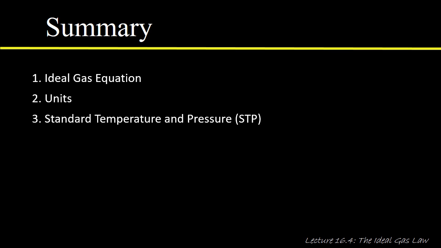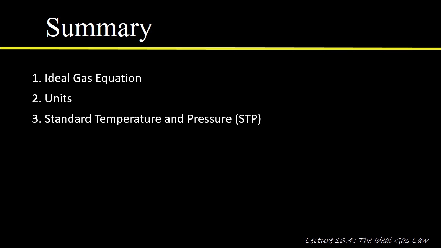All right, so we've looked at the ideal gas equation. In looking at the ideal gas equation, we were specifically careful to look at our units, make sure we have everything in the right units, and use unit conversions when we need to. We talked a little bit about standard temperature and pressure, STP.